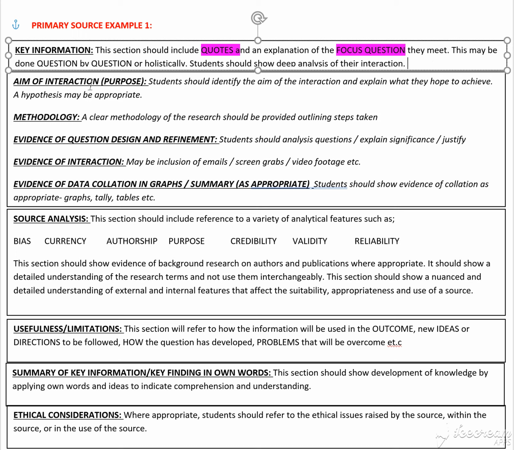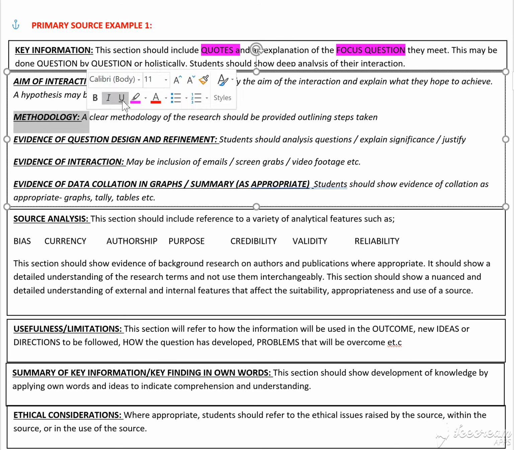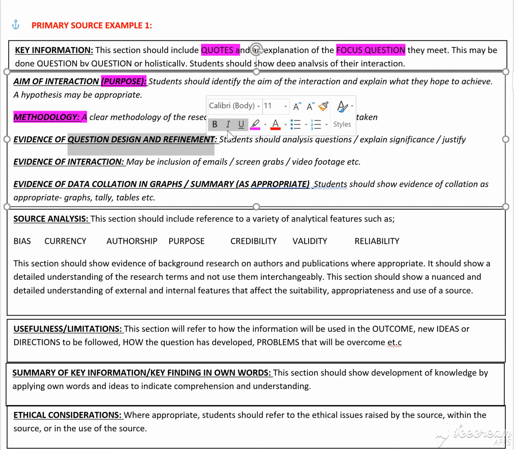Then, as we talked about before, going through the purpose, the methodology, identifying the audience and all of those sorts of things within this, our evidence of our question design and our refinement. As we said, this is where we're talking about bias and those sorts of things.